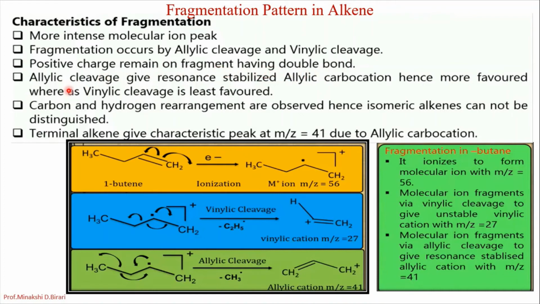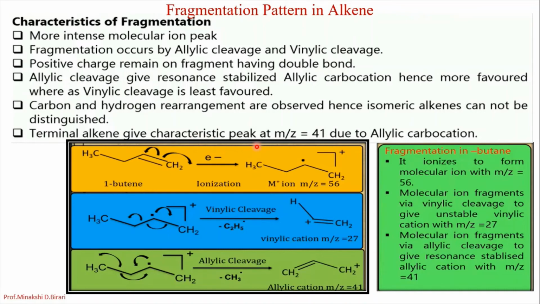Why is allylic cleavage more preferable in the fragmentation of alkenes? Because allylic cleavage gives a resonance stabilized allylic carbocation and hence it is more favored, whereas vinylic cleavage is least favored. Then carbon and hydrogen rearrangements are observed, hence the isomeric alkenes cannot be distinguished during the fragmentation.